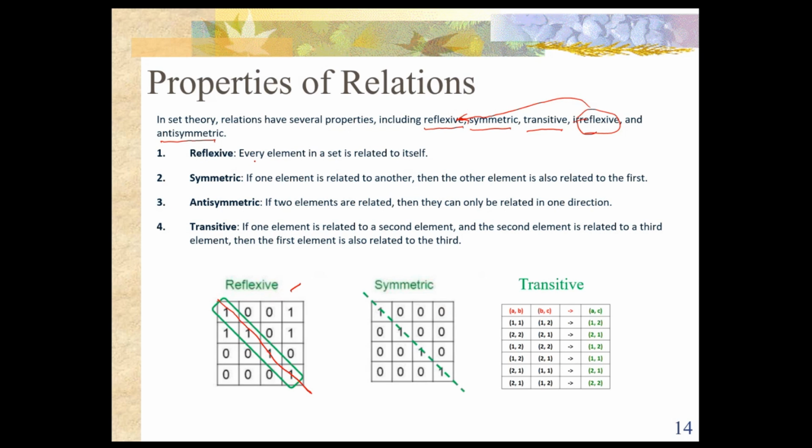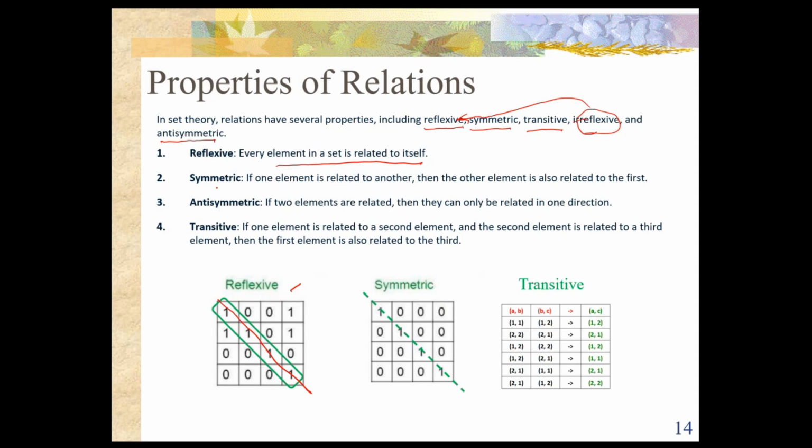It means that every element in a set is related to itself. So what does this mean? I think the best way to understand this is by looking at examples, but keep referring back to the definition. Every element in a set is related to itself, and it always happens along the diagonal line, top left to bottom right. Only these cells in the green over here.